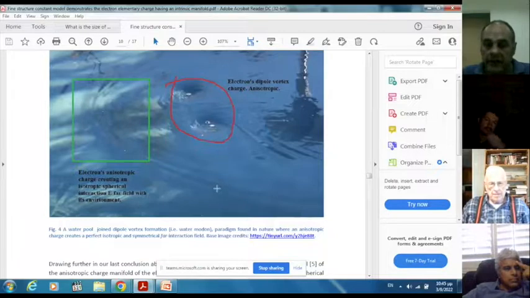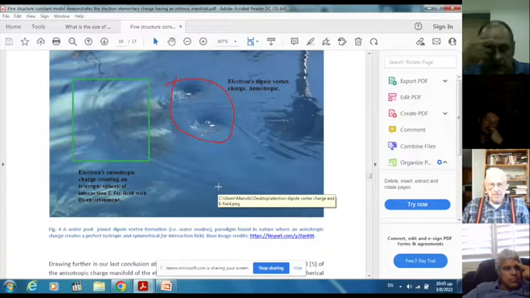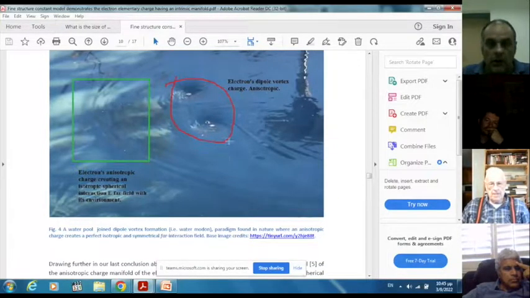It will be perfectly spherical, because we have this example in nature where you have the two joint dipole vortices in the water, but they create anisotropy because you have spirals. But here you see the electric field, the interaction field, is perfectly spherical.